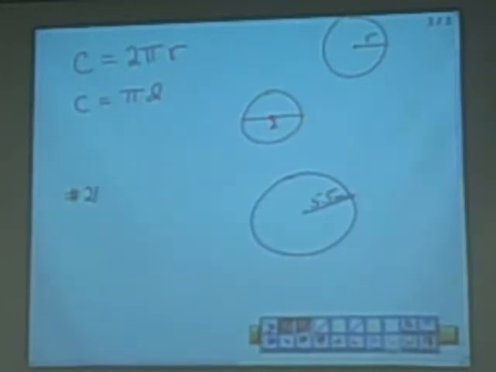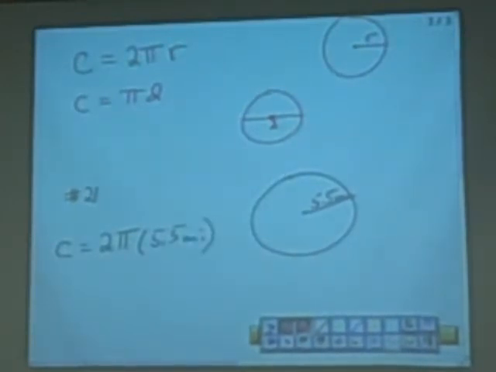Now, what is that, 5.5 miles? What would we say? The radius, right. So we would use the first equation. We want to find the circumference, so we would use the first equation, right? Circumference equals 2 pi times 5.5 miles.